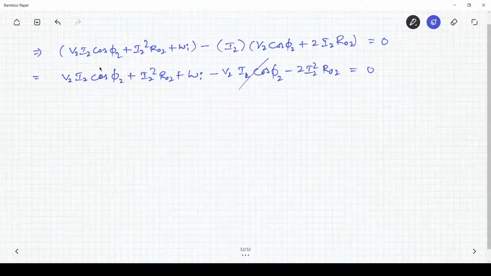So this term gets cancelled. I2 square R02 minus 2 I2 square R02.